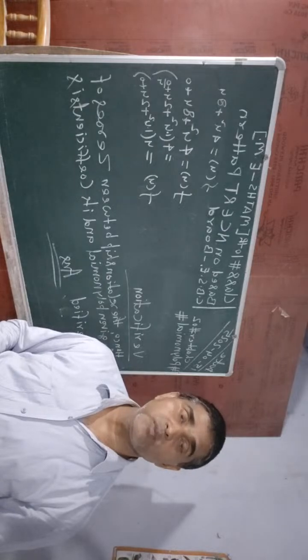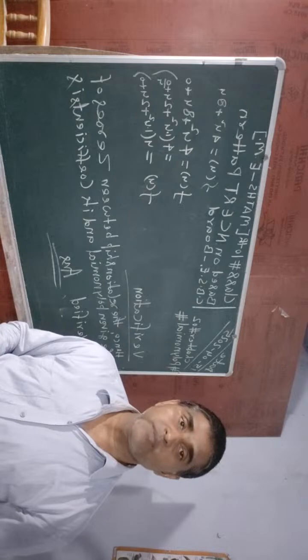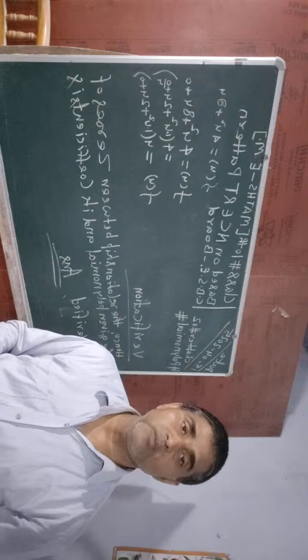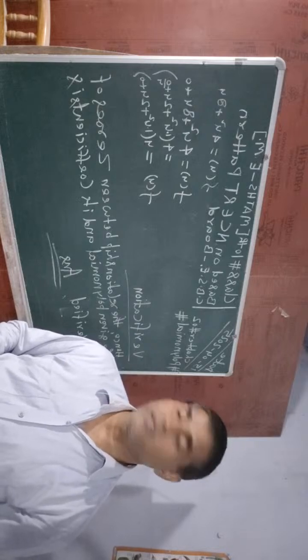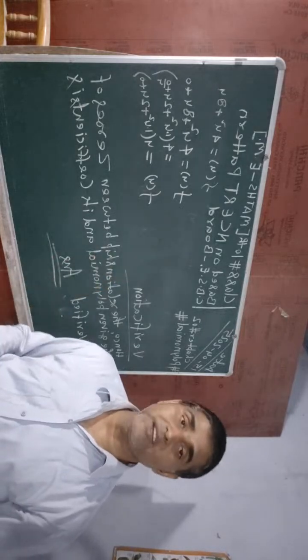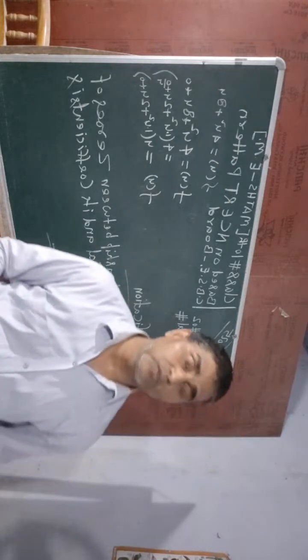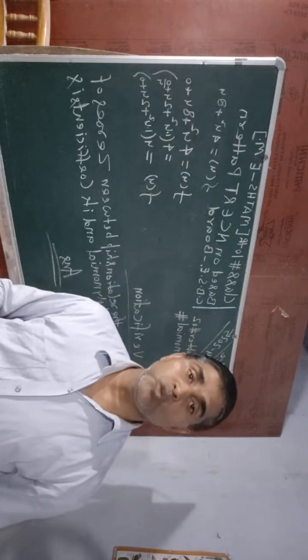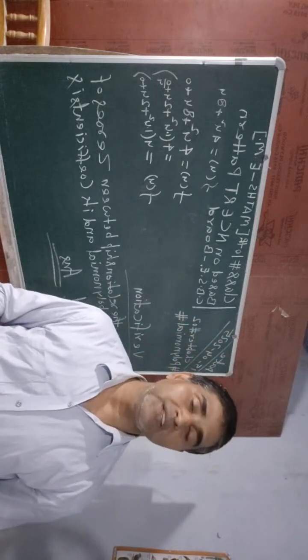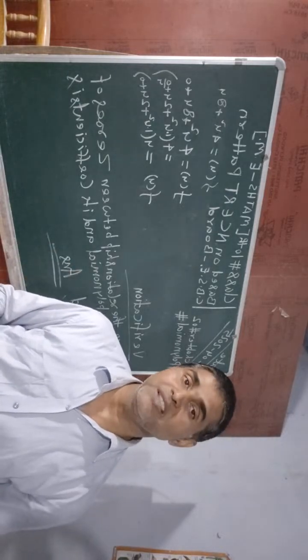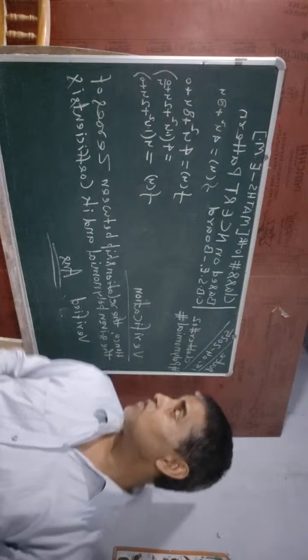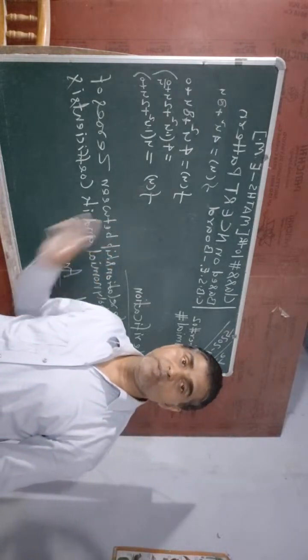First of all, you have to assume the given polynomial is f of x, in the given variable, and then put f of x equal to 0. After getting its factors, if it is a quadratic polynomial you will get 2 zero values, and if it is cubic, you will get 3 zero values. But if you get one value, it means that it is a linear polynomial, that is a straight line. Okay students, so in this way you will get its zero values.